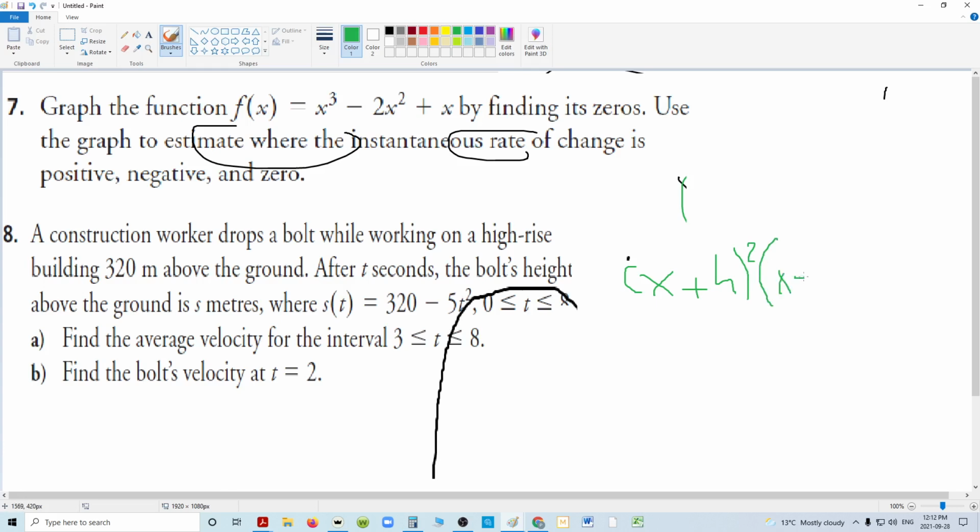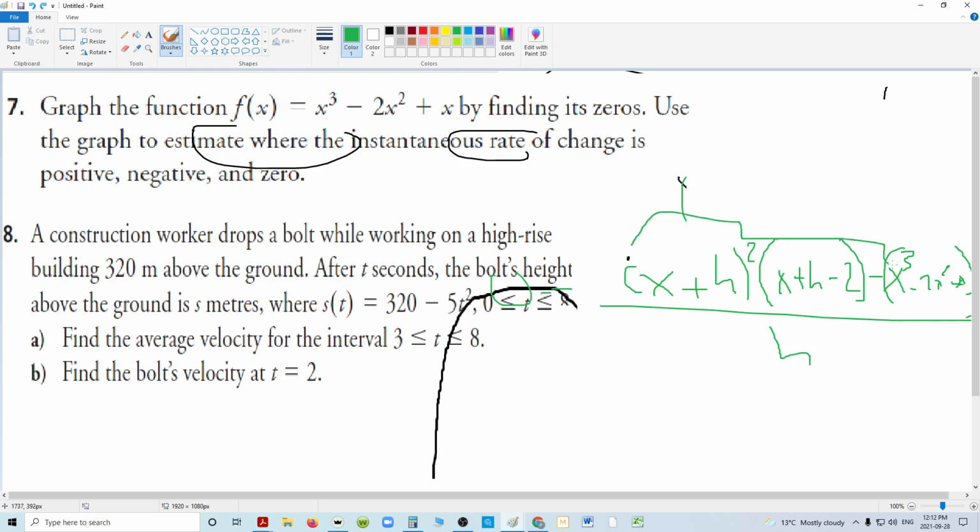When x plus h minus 2, minus this x squared, x cubed minus 2x squared, plus hx, and it's all got to be in brackets, over h, when is that equal to 0? And you won't have to use this complicated thing, because when you expand it, you'll discover tons cancel out. And you'll just be able to discover exactly when the graph is flat.